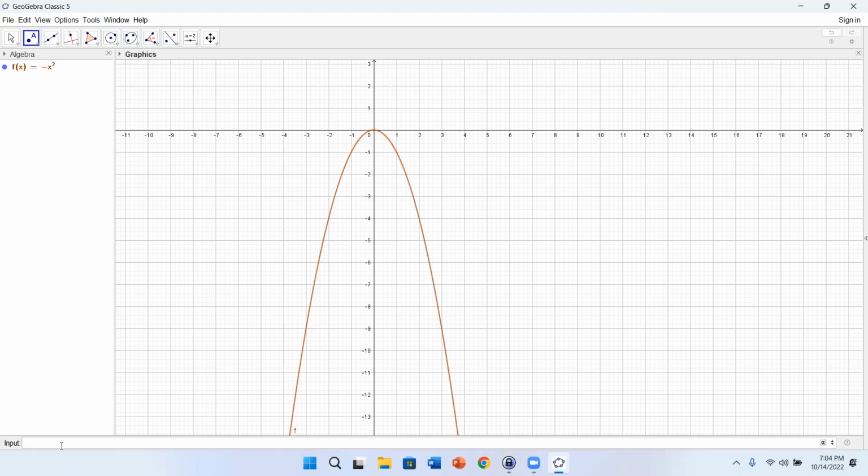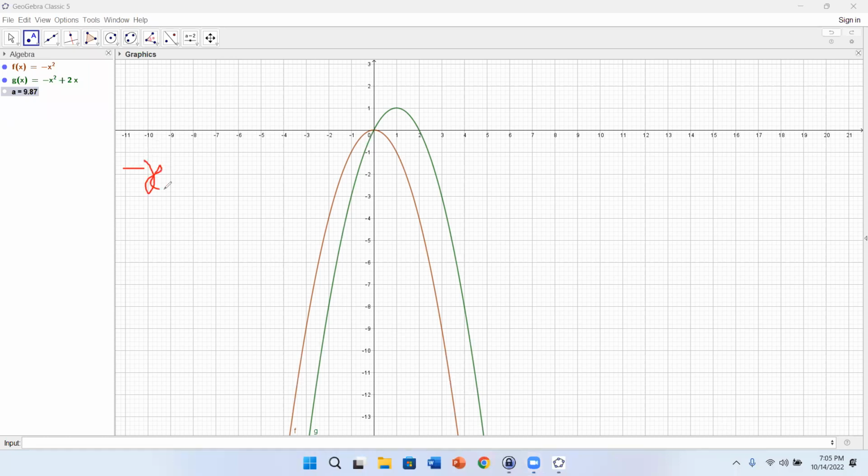Now, if I had that negative x square, and I was basically looking at what happens if I add 2x to it. So in this case, I have a negative x square.